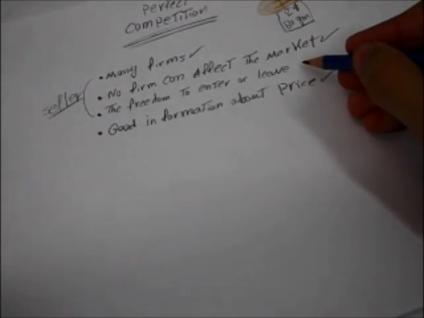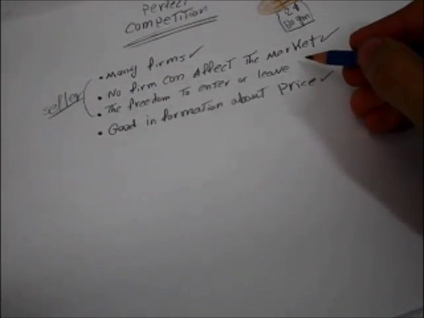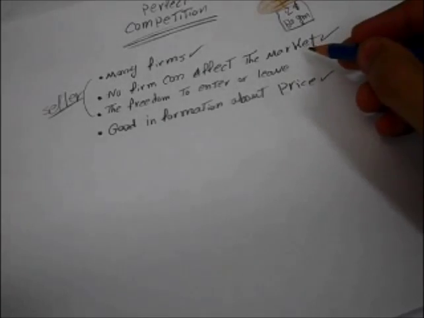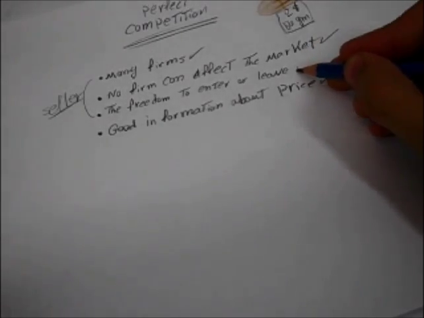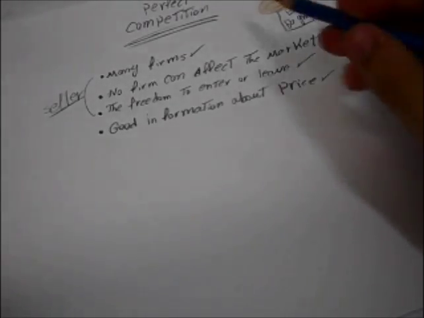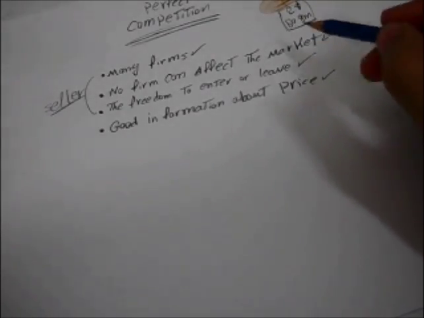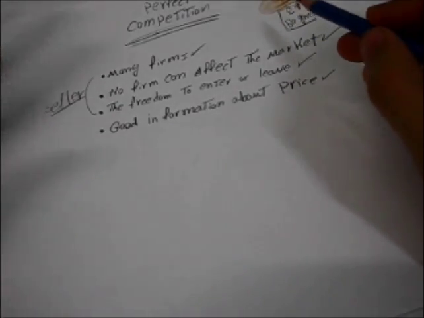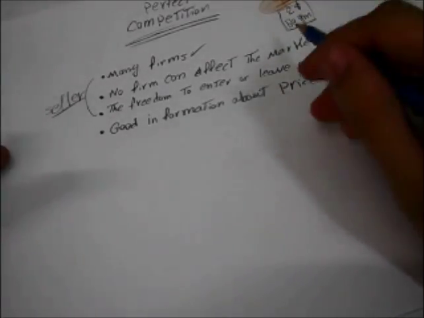And if they decide, well, we are not making a lot of profit, we are making losses, so let's shut it down and stop operating in this market, they can leave easily too. So the freedom to enter or leave with no barriers. Those criteria are concerning the perfect competition market.